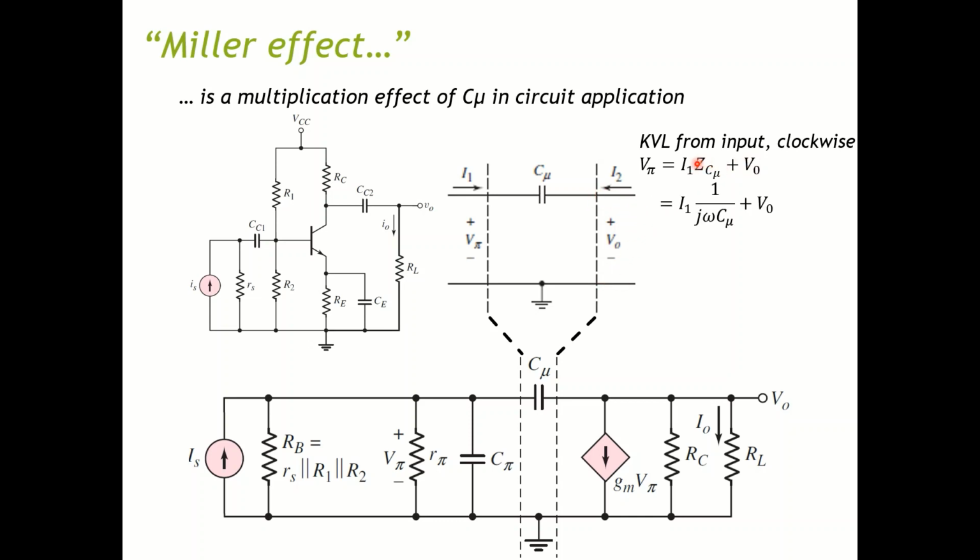You can write the impedance of C mu as 1 over j omega C mu. Now you do the same thing from the output counterclockwise: V_O equals I2 multiplied by 1 over j omega C mu plus V pi.